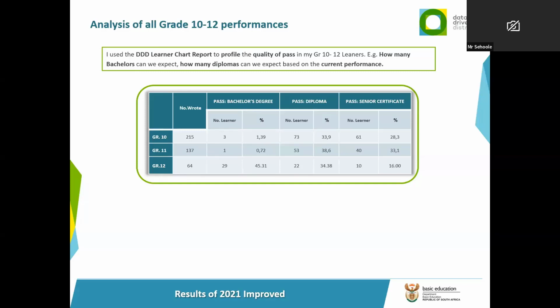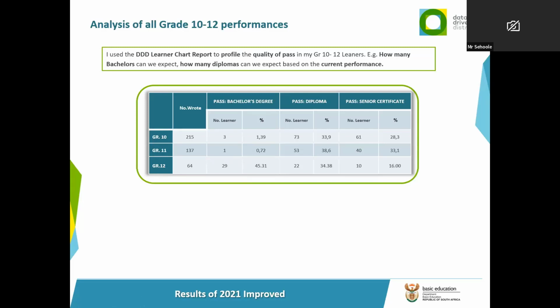So the very same learners that we zoomed in on in 2019 went as far as giving us the results when they were in grade 12, in 2021. These are their numbers, even though they were many by then, but few of them reached grade 12. We were able to get 29 bachelor degree passes, which is 45.31% for the first time.